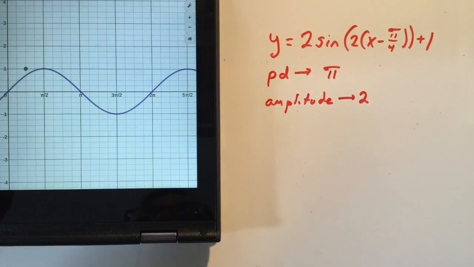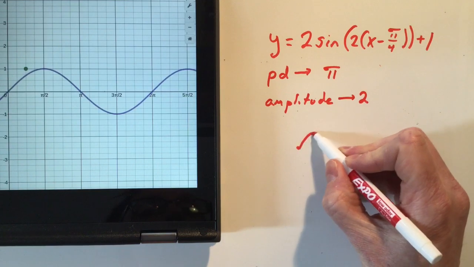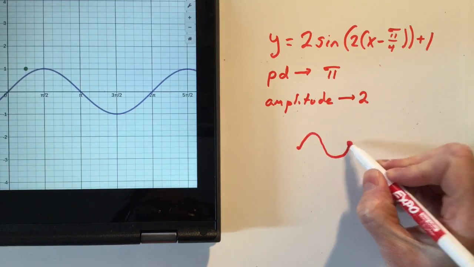If I know this is a point of inflection right here, and that's not changing from any amount of transformations, and I know that the period is pi, I know exactly pi later my cycle is going to end. So it starts at a point of inflection and finishes at a point of inflection.